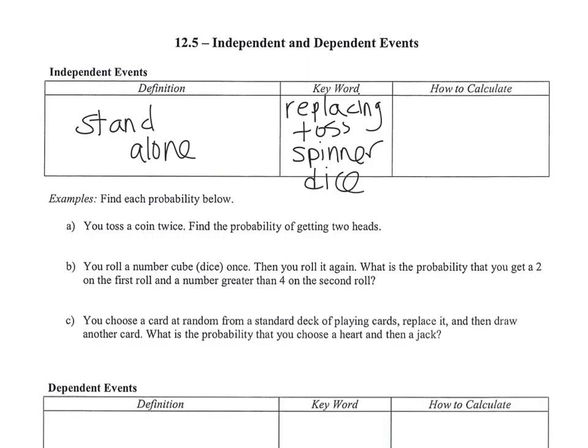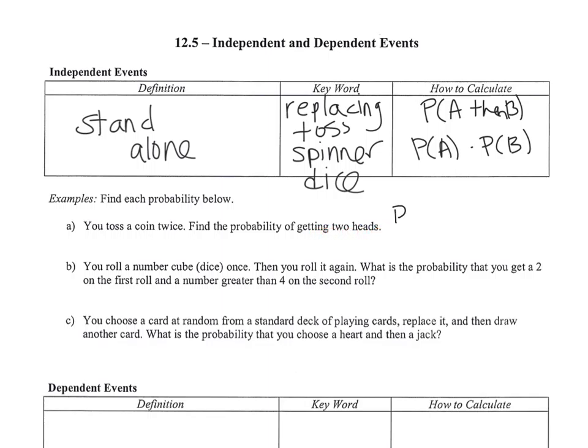So how to calculate: if you have the probability of A then B, you do the probability of A and multiply it by the probability of B. So example 1, find each probability below. You toss a coin twice. Find the probability of getting 2 heads.